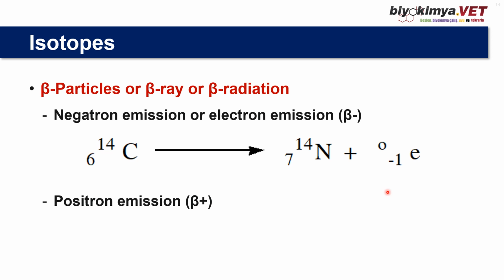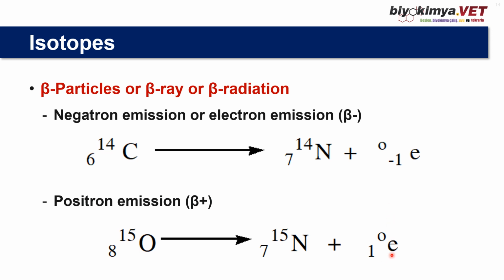The second one is positron emission. Positron emission is the emission from the nucleus of a particle with the same mass as the electron, but with a positive charge, as you see here. It is formed by the conversion of a proton in the nucleus to a neutron. It is the inverse of the negatron.